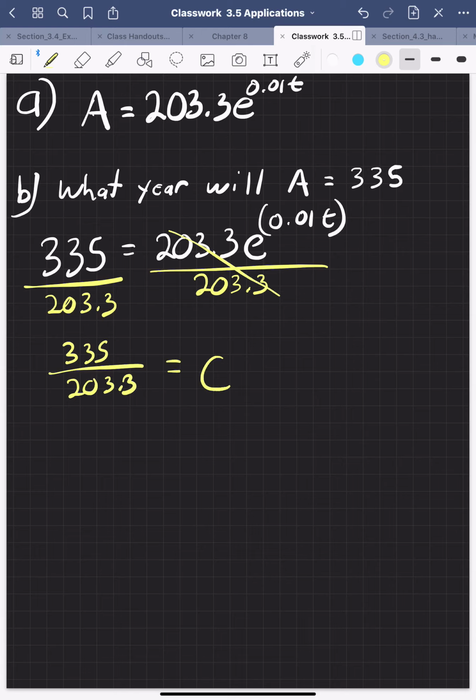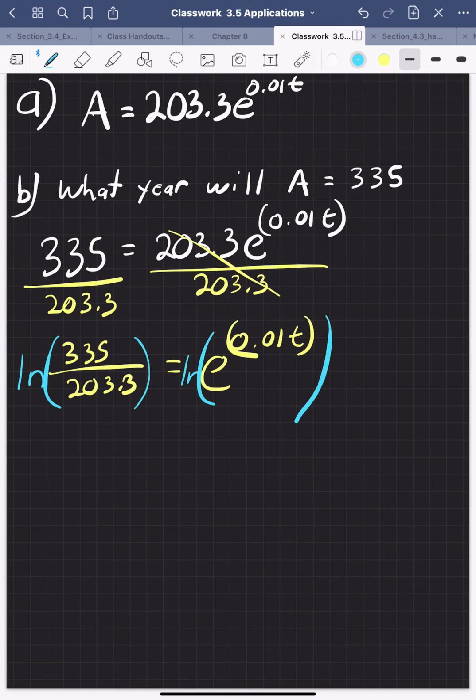And that leaves me with e to the power of 0.01 t. You remember what we do from here? I hope so. So you want to solve for t, right? So let's use ln of both sides.